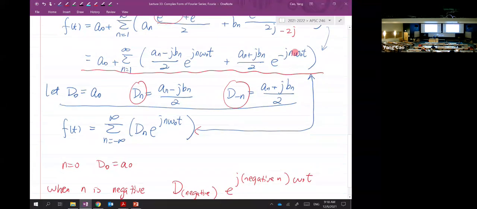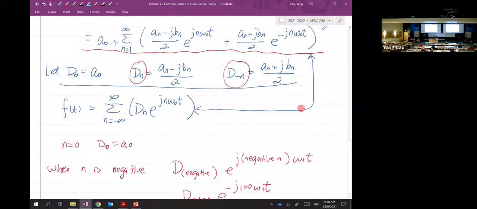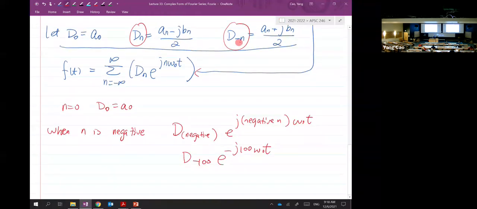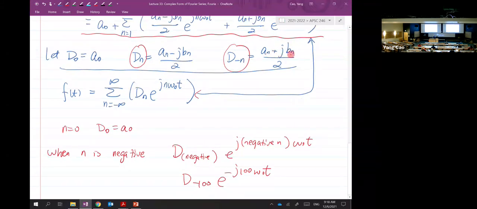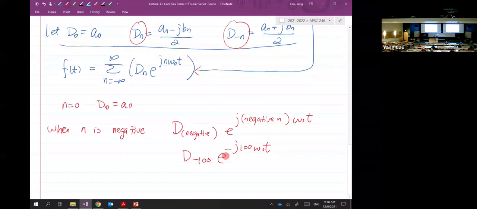And that works very well with the second term. That's basically the second term over here. So this d negative 100 is basically this a 100 plus j b 100 over 2. And the e term here is still e to the power negative j 100 omega naught t.